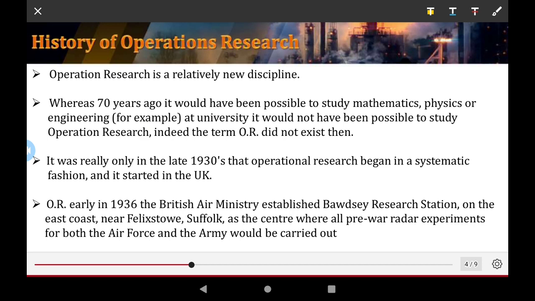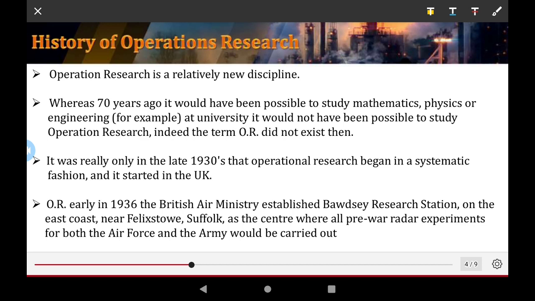Operation research began, माने start होना, operation research start हुई systematically, एक systematic function के रूप में, and it started in the United Kingdom. Operation research 1930 में start हुई in United Kingdom देश.